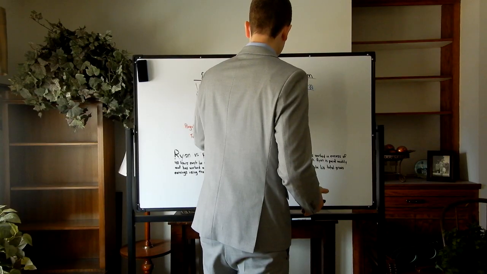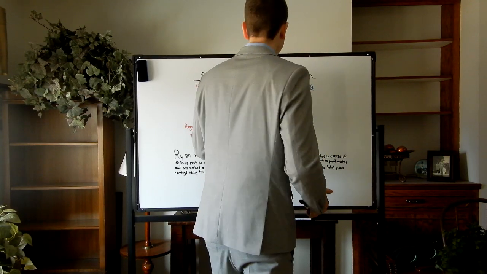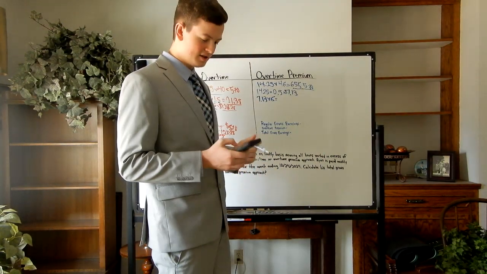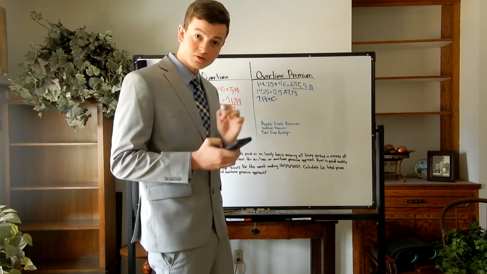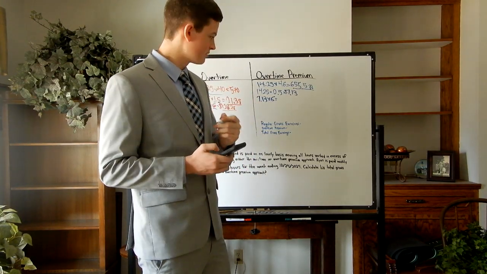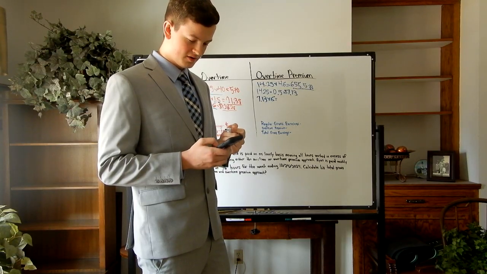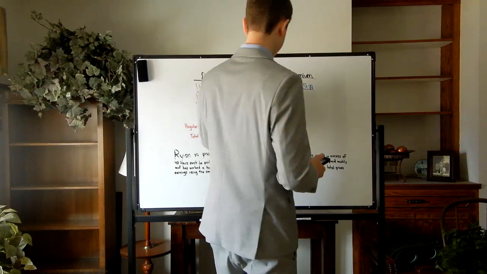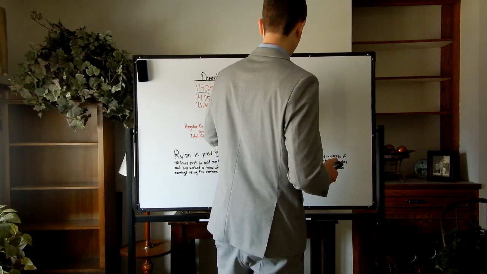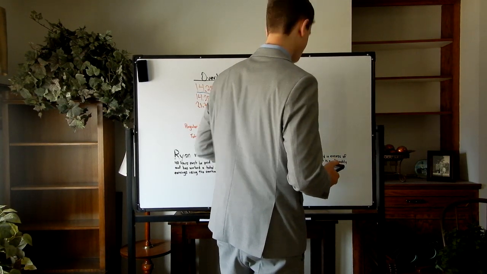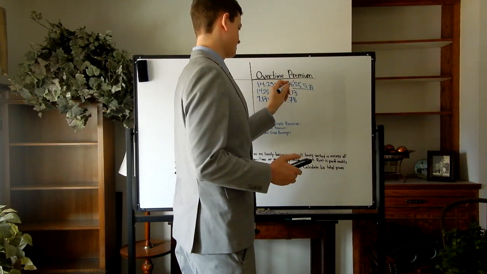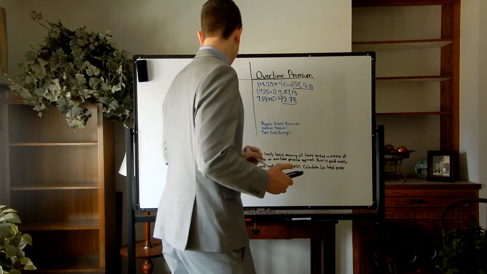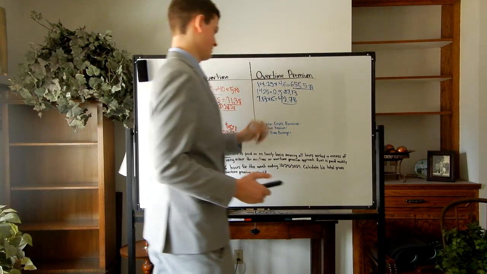So, $7.13 times 6 gives you overtime premium earnings of $42.78. So let's plug these two numbers in.